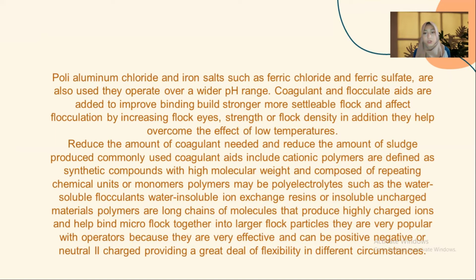Polymers may be polyelectrolytes such as water-soluble flocculants, water-insoluble ion exchange resins, or insoluble uncharged materials. Polymers are long chains of molecules that produce highly charged ions and help bind microfloc together into large floc particles.